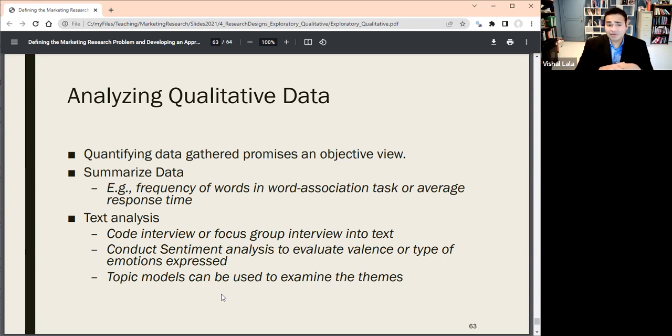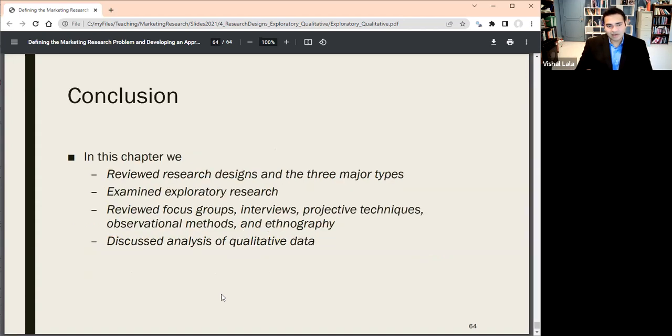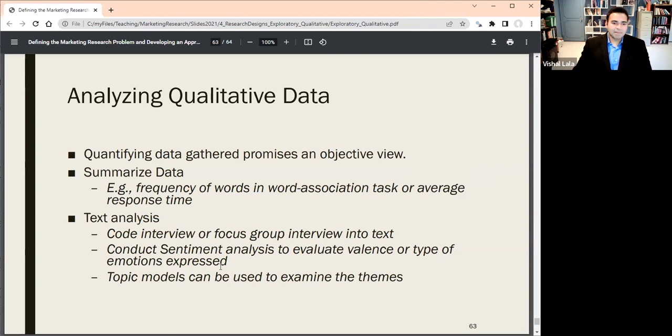Text analysis involves coding interviews into text, conducting sentiment analysis, or extracting underlying themes from text. You can literally take a bunch of words in text, break them into individual words, and group them using a topic model, for example, to understand if there's a theme that underscores the data being discussed.